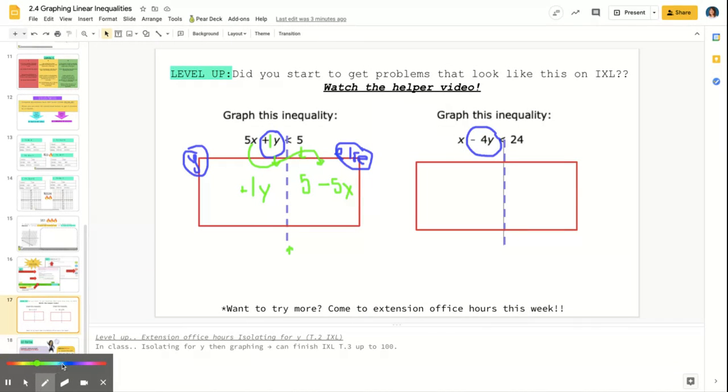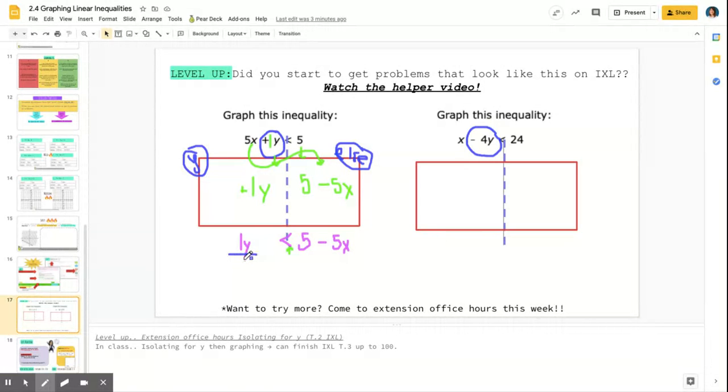All right. After I do that, I'm just going to bring everything down. So 1y. I'm bringing down my symbol, which was less than. And then I bring down 5 minus 5x. And we're almost done. There's always one last step, and it's to divide by the number in front of the variable.